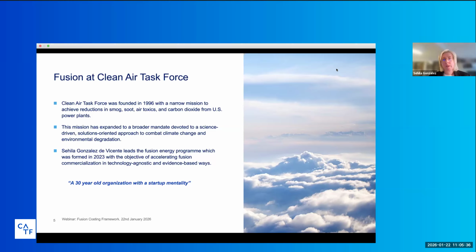And fusion fits very well here because we need new technologies, new tools, to fight climate change and environmental degradation, and fusion is one of these tools. We started the program three years ago, in 2023, and, as I said before, the work that we are presenting here is one of the things that we have been working on since then.